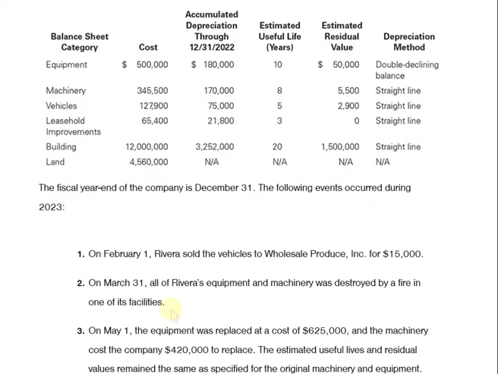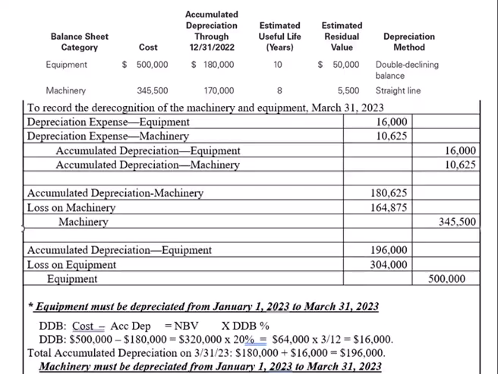Now let's focus on event number 2. March 31st, the equipment and machinery was destroyed by a fire. I've put the journal entry in front of you. We've got to depreciate from January 1st to March 31st on the equipment because it was in use during that period. They were using the double declining balance, which is cost less accumulated depreciation, gives you the net book value.